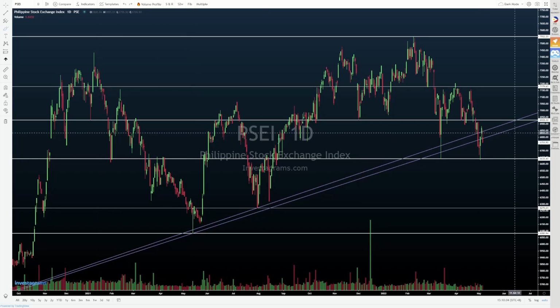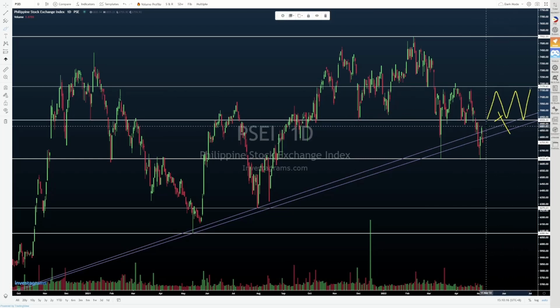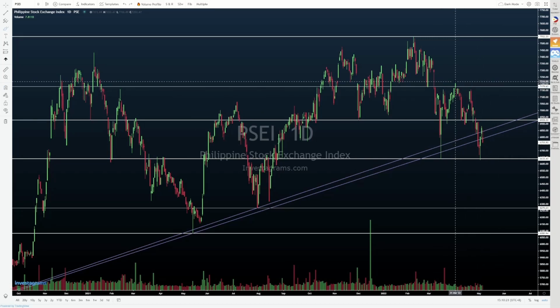Now, to the upside, ang kailangan natin makita ngayon is not just for price to retake 6.9. If price retake 6.9, ang pinaka-sinasabi lang nun sa akin is we might trade between 6.9 to 7,200 for the time being. Pero if we can reclaim tong 7.2 na area, okay, 7.2, 7.205, mga ganon, basta mga 7.2, no?